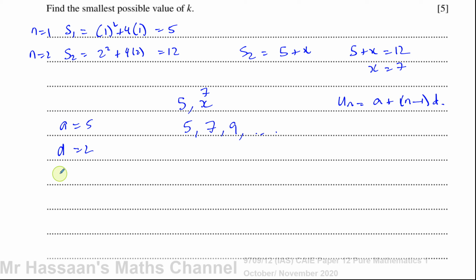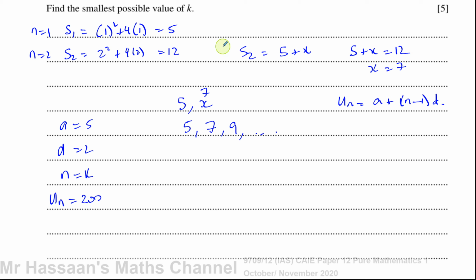In this case, n is equal to k, the kth term. The term we're looking at is going to be greater than 200, so let's find out which term is equal to 200 first.